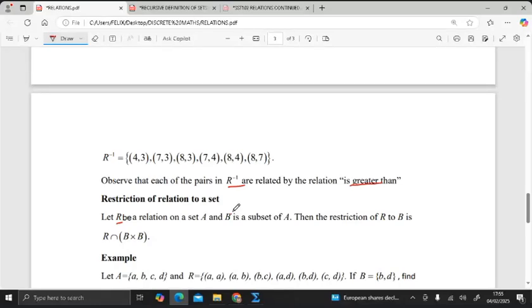We are asked to let R be a relation on a set A, and B be a subset of A. Let R be a relation on a set A, and B be a subset of A.